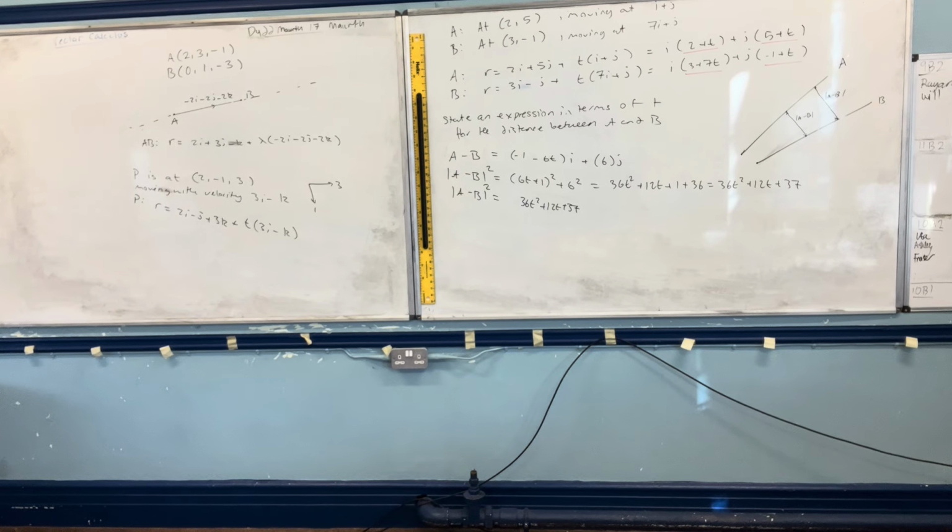So think about what we did yesterday, right, when we were minimizing the distance of OP. So do you agree the distance between them is given by 36t squared plus 12t plus 37, right? So is there something we can do to find the minimum time?